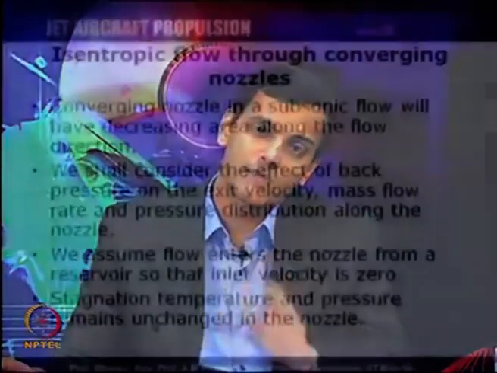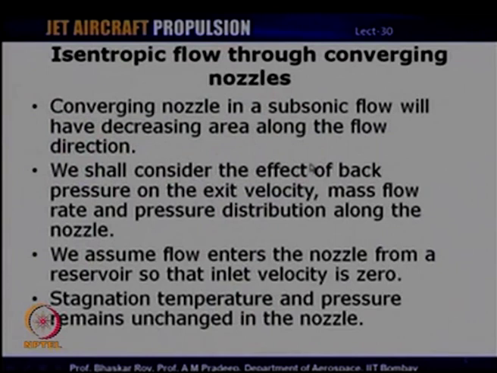You can get a Mach number of 1 at the throat of the nozzle. So, we will look at a convergent nozzle first in a subsonic flow, which means the convergent nozzle in a subsonic flow will have to have a decreasing area along the flow direction. We will now consider the effect of back pressure on the exit velocity, mass flow rate, pressure distribution, etc.